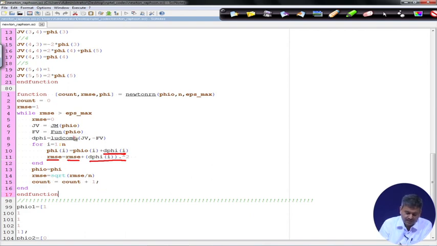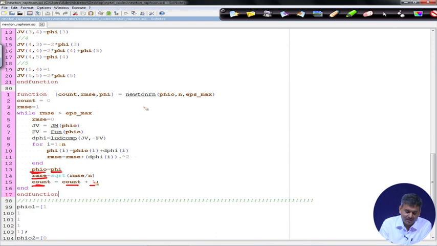After this update we store the new value in place of the old value, and we can again start the iteration. At the same time we are also calculating RMSE. RMSE equals square root of RMSE divided by n, because we have added all the values, and n is the number of variables, and count equals count plus 1.